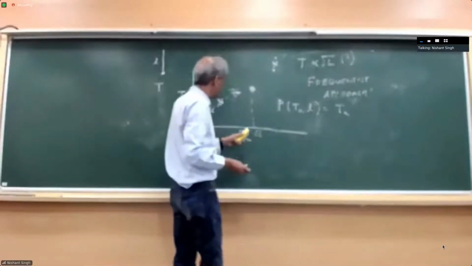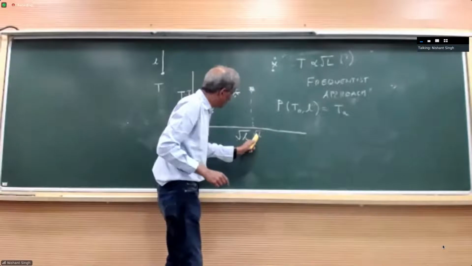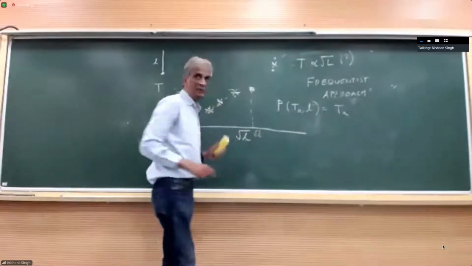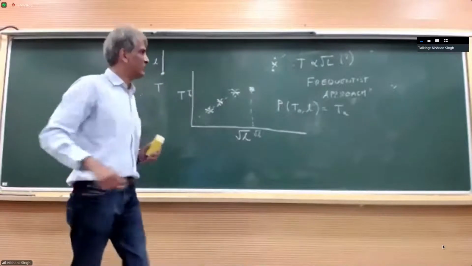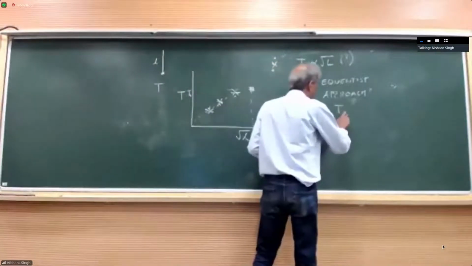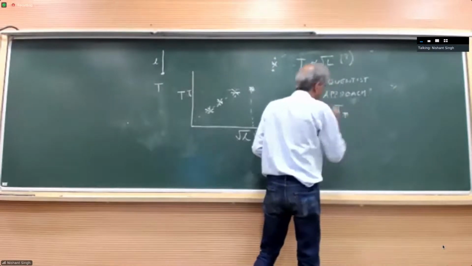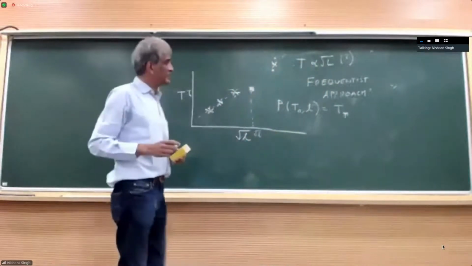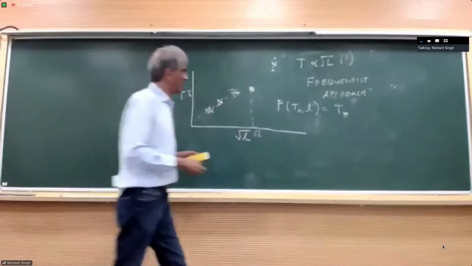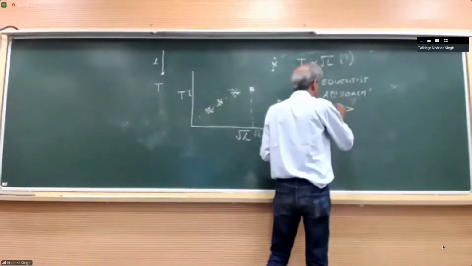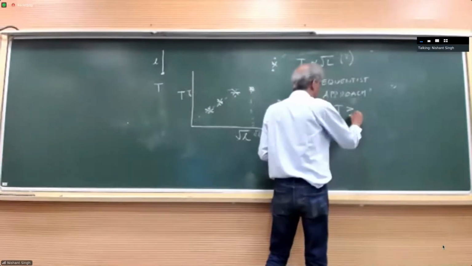Let's assume that when I measure a time period at a given length an infinite number of times, I'm going to get a value which I will call T true, which is the average T, provided I've done it an infinite number of times.